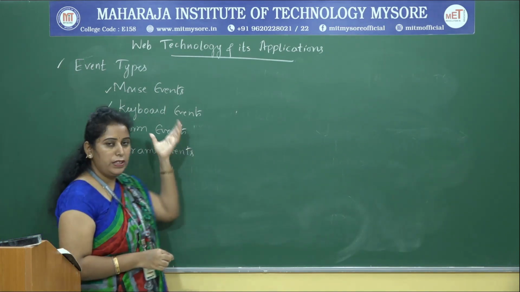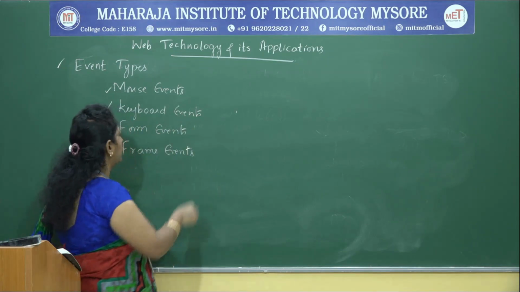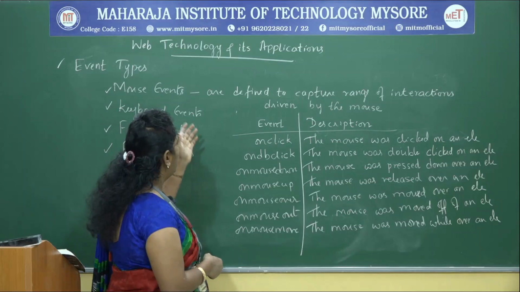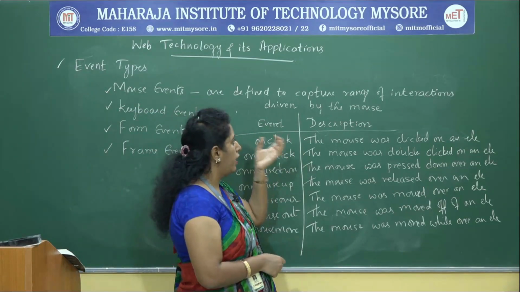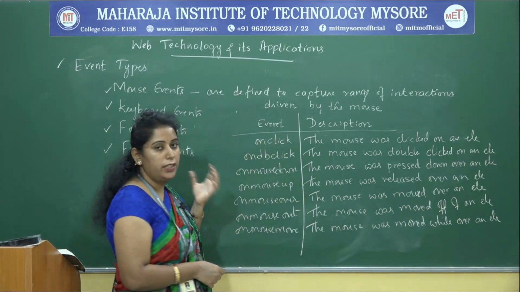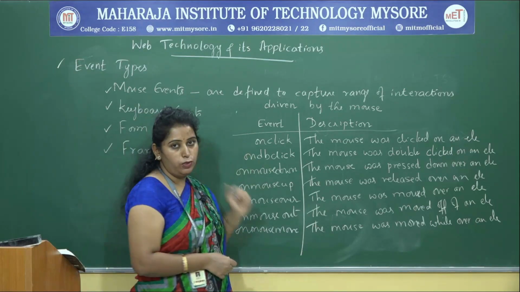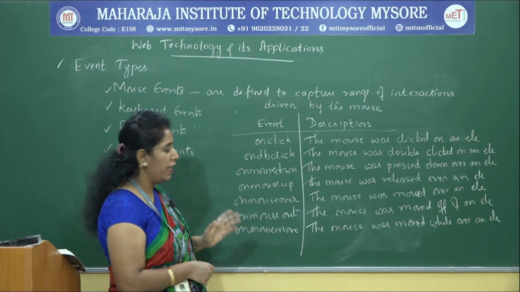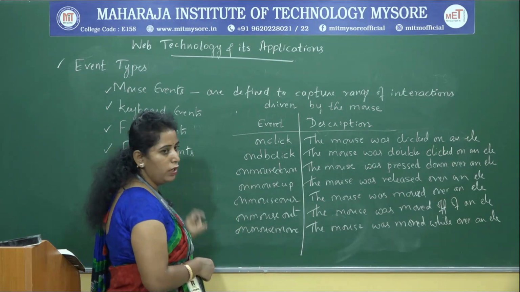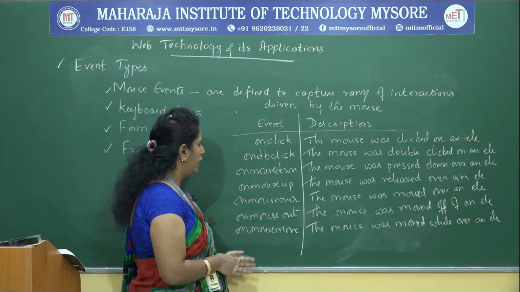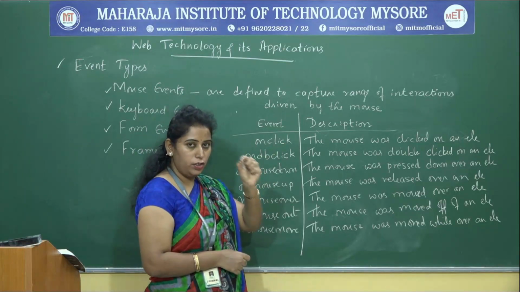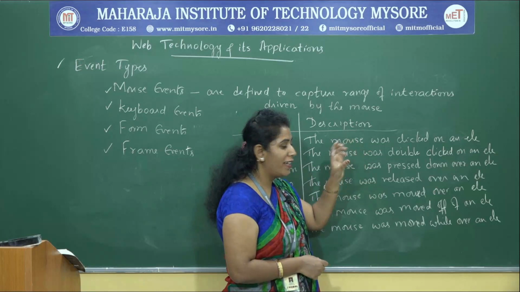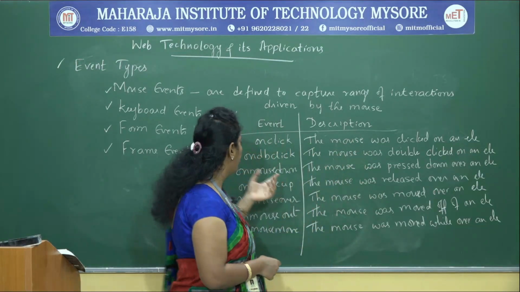We will start with mouse events. What are mouse events? They are defined to capture a range of interactions driven by the mouse. Which events can be done through a mouse? I have listed them here. onclick, in the sense you are performing a click event: the mouse was clicked on an element.